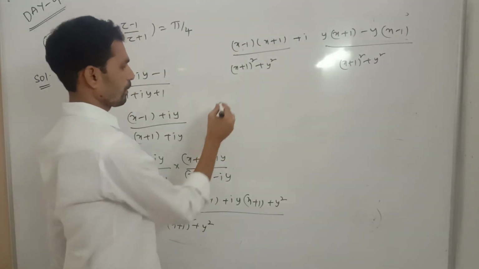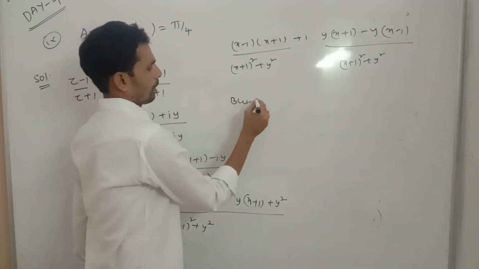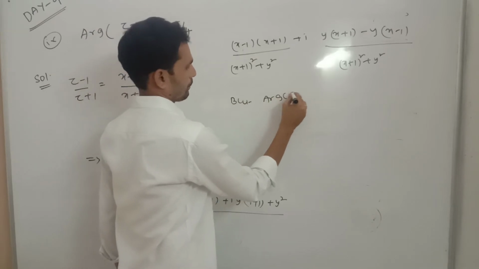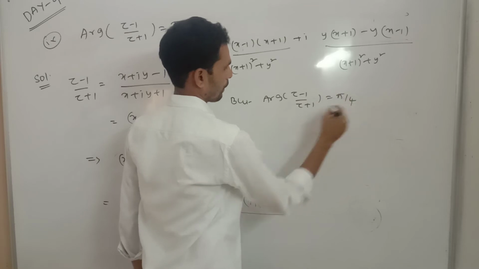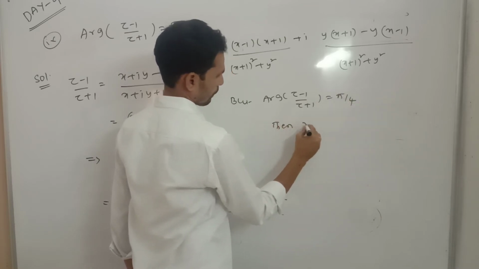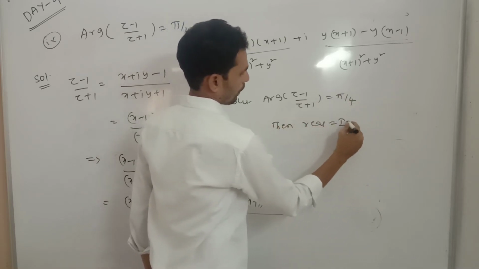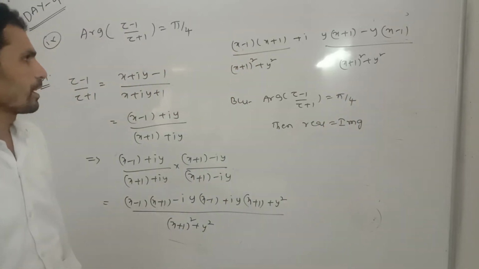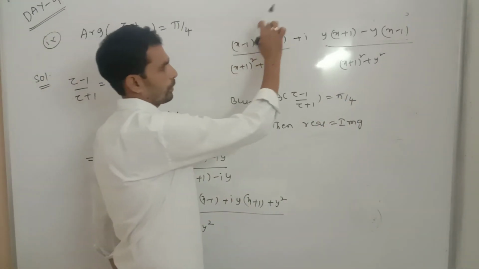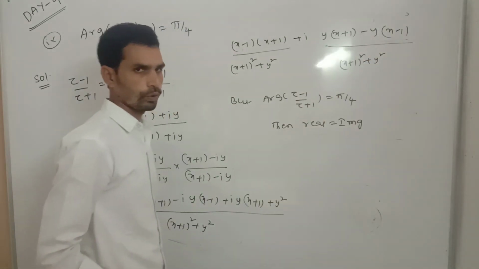But what is the given condition? Arc of z minus 1 by z plus 1 is equal to pi by 4. Then real is equal to imaginary. Real part is the first one, imaginary part is the second one. Both are equal.